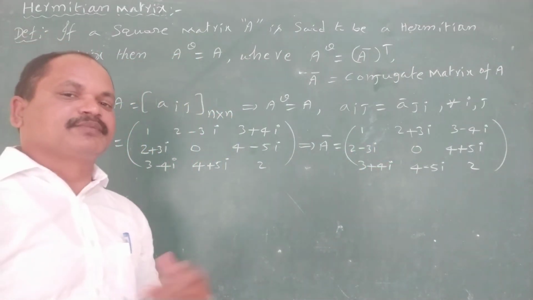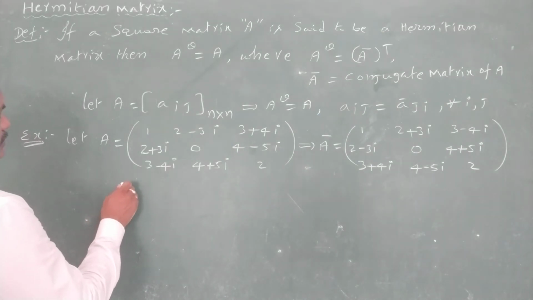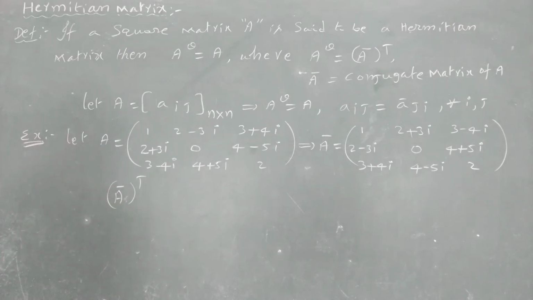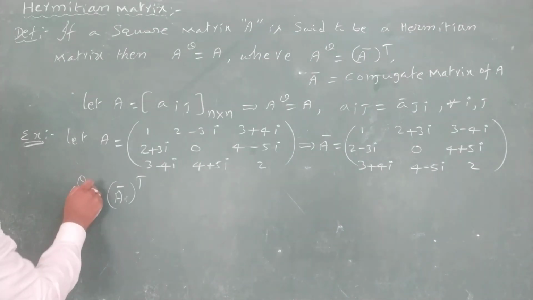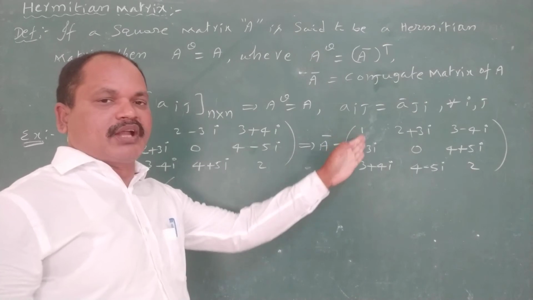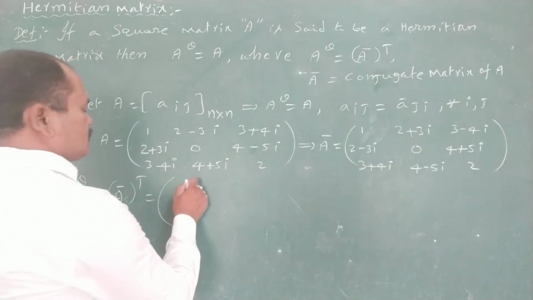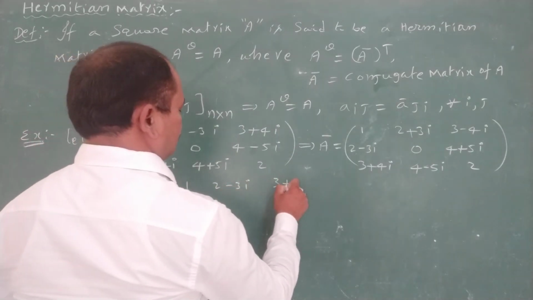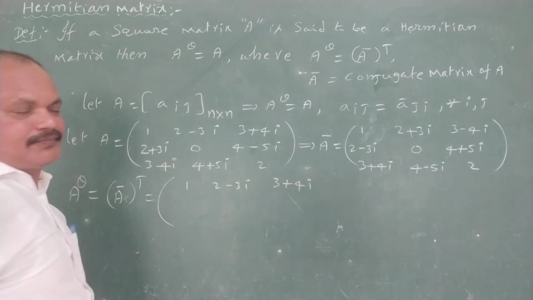Now we have to take the transpose of the conjugate, that is A bar transpose. This is nothing but A power theta. So A power theta is the transpose. Transpose means we have to interchange the rows and columns. That is 1, 2 minus 3i, 3 plus 4i, since this column goes into the place of the first row.